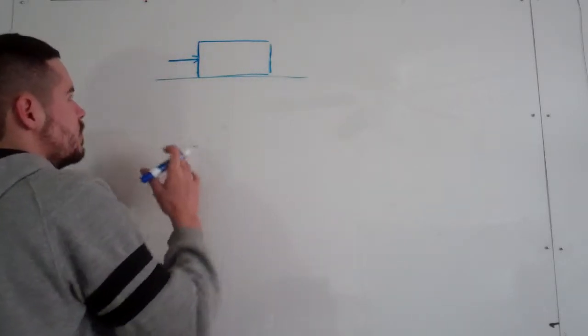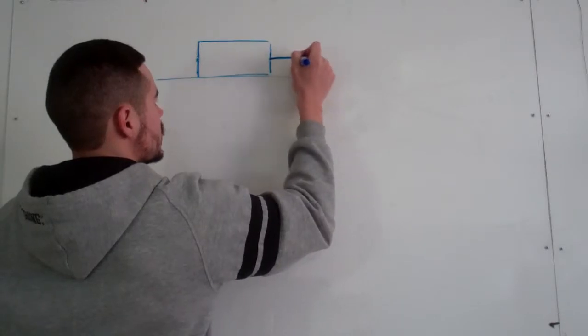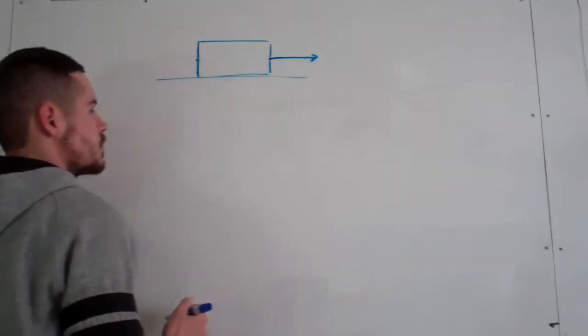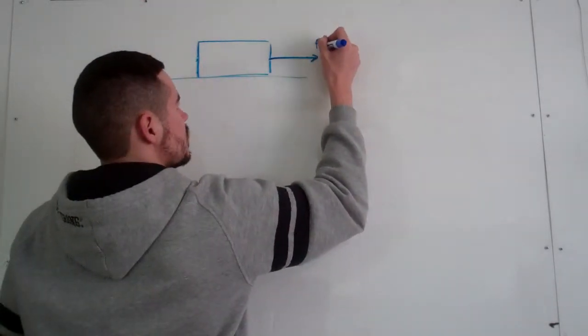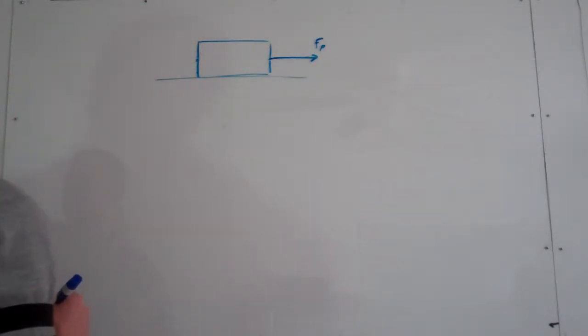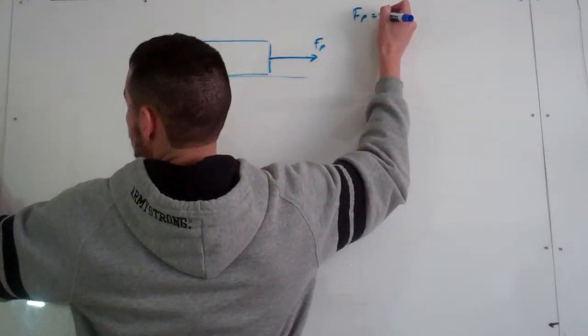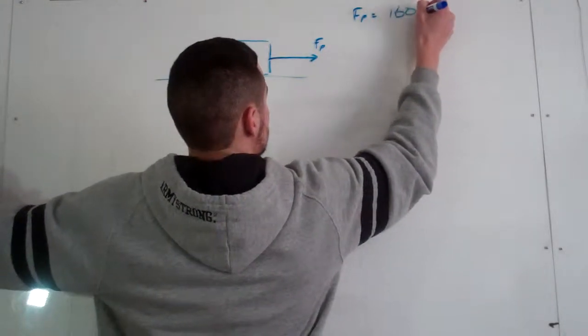So let's just say, to make it a little easier, it's a force of a pull. We have a value for that horizontal net force, which is the force of pull, equal to 160 newtons.